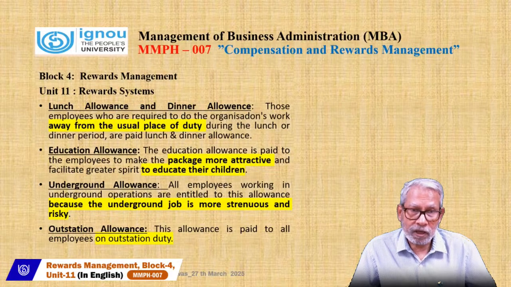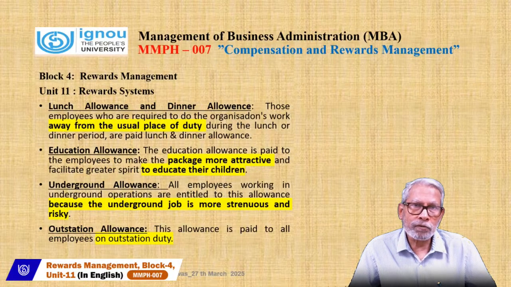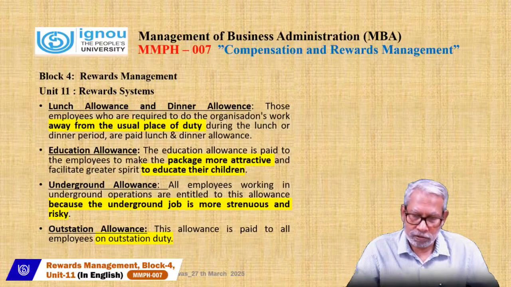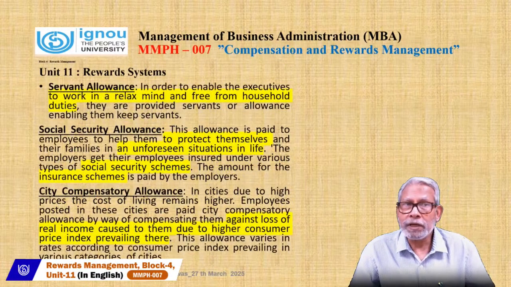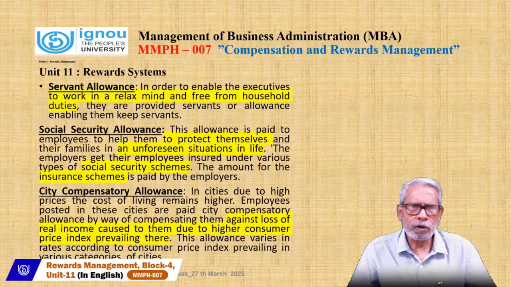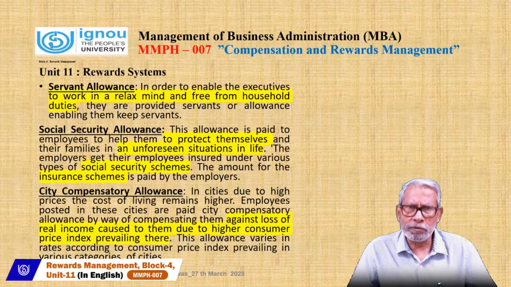Outstation allowances. These allowances are paid to all employees on outstation duties, because if you are going somewhere, visiting other places within official hours, you will get some allowances. Now, servant allowance. Some categories like the CEO, the board of directors, or top-level management get a servant allowance also, in order to enable the executives to work with a relaxed mind.